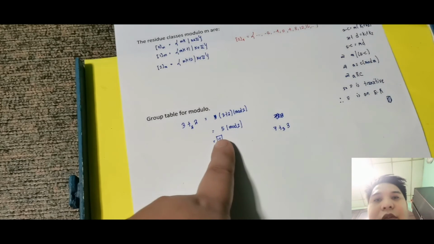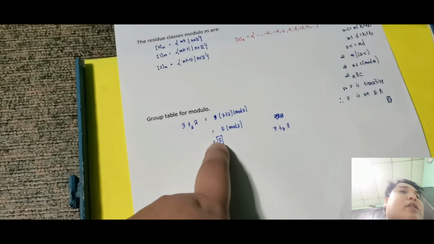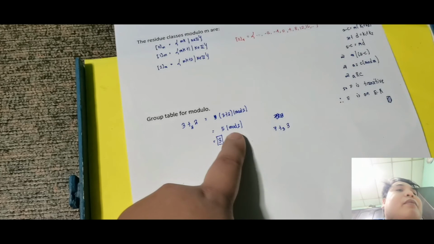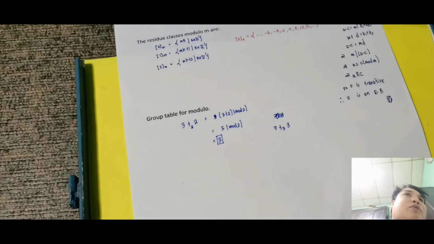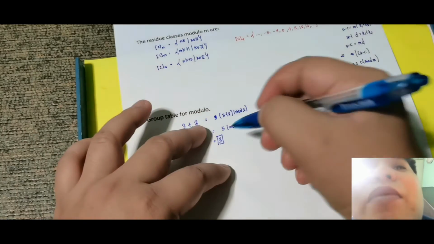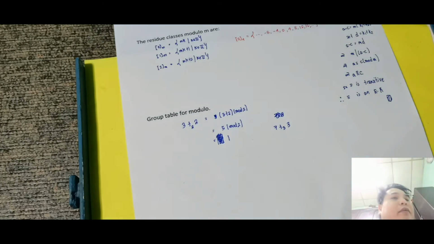Sorry, mali dito. Tingnan mo, 5 modulo 2, hindi lang basta 3. Ang sagot dyan is 1. Pag dinivide ko si 5 kay 2, ang least remainder na makukuha ko is 1.